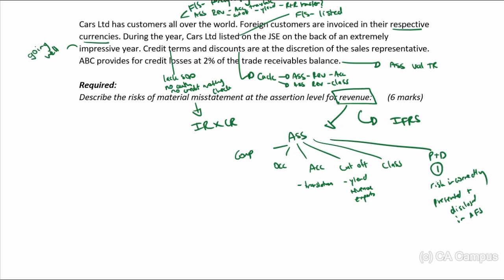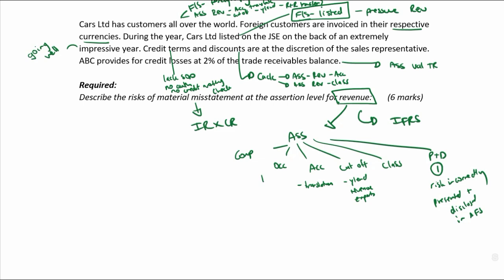They listed. Now listed is a risk at the financial statement level, but guys, there are listing requirements with regards to revenue. So there's pressure here to achieve revenue figures. So there's a risk at the financial statement level. I can now go and add to my assertion level.